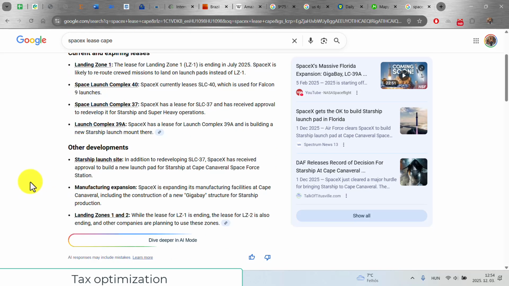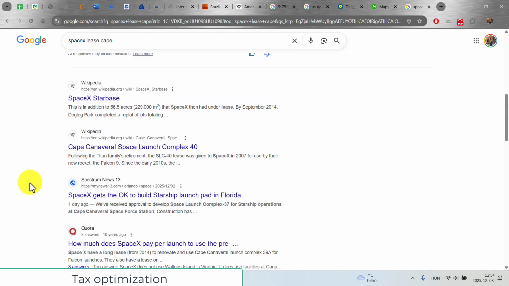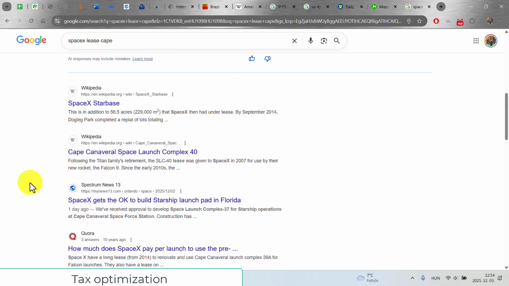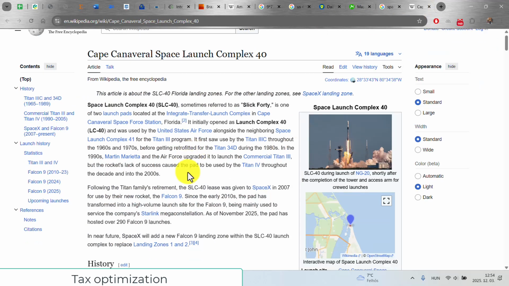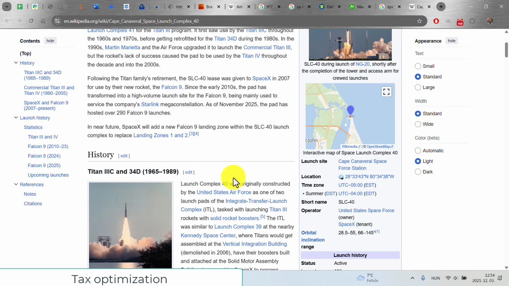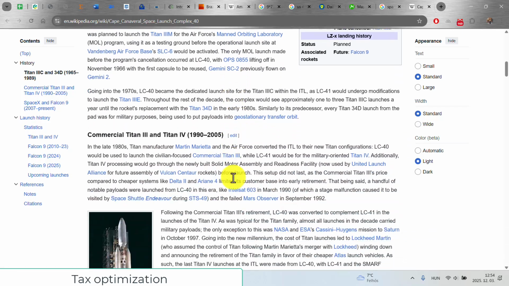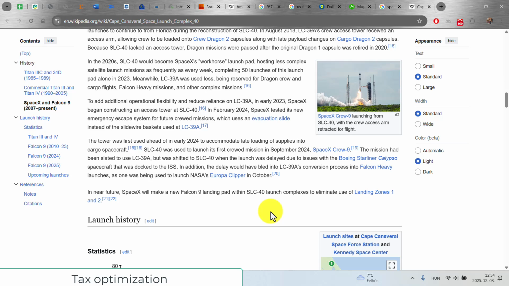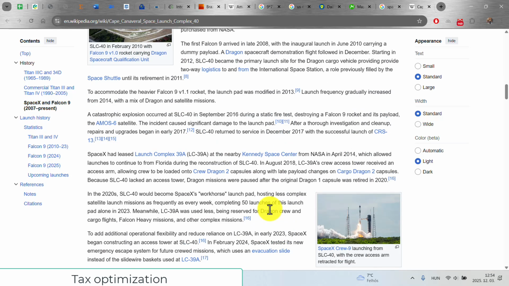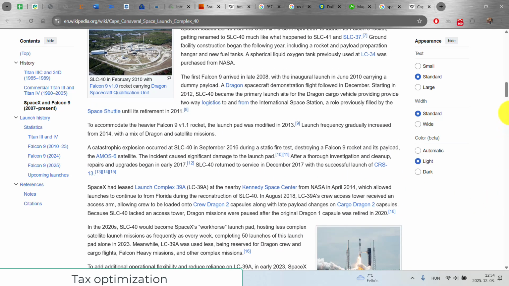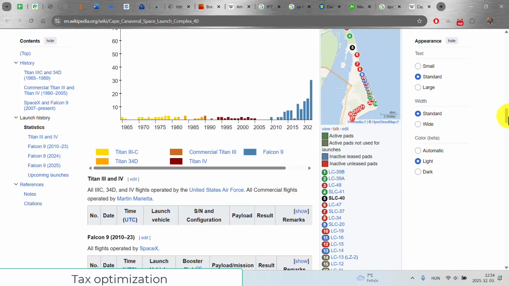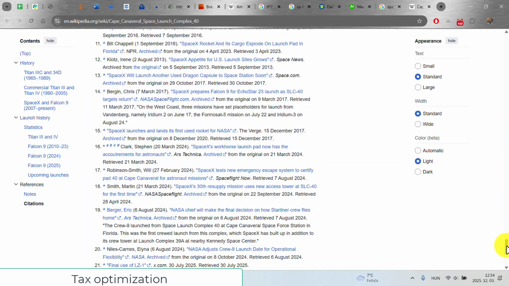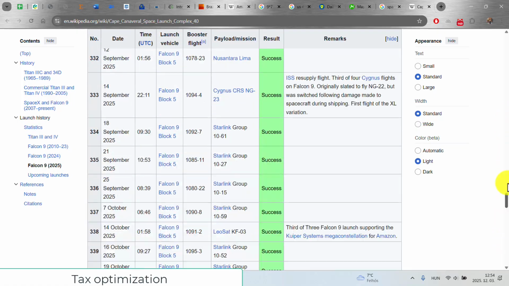We know that they are doing the lease, but we have no idea for how much money. Historical loans, complex, blah blah blah, but obviously this information is usually not transparent for some reason.